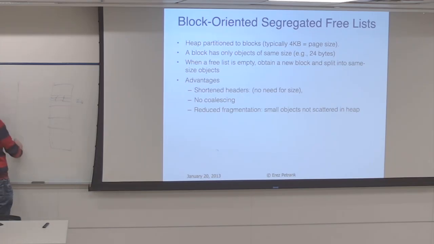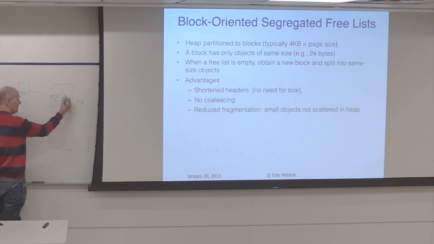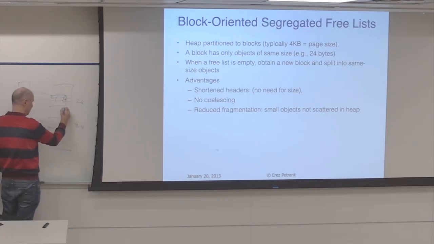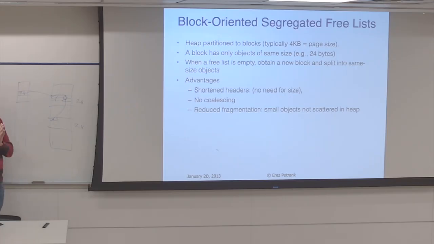And from my list, if I have 24 here, then I have a list that goes through all the free things of size 24. I could go here and so forth. So all the objects of size 24 are allocated in pages that are devoted to sizes of 24.